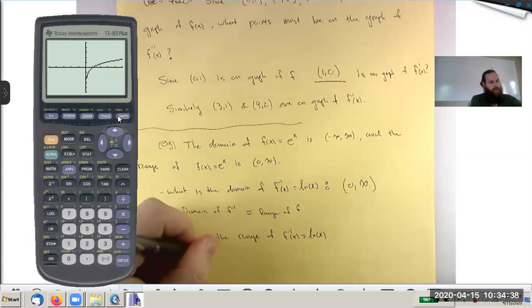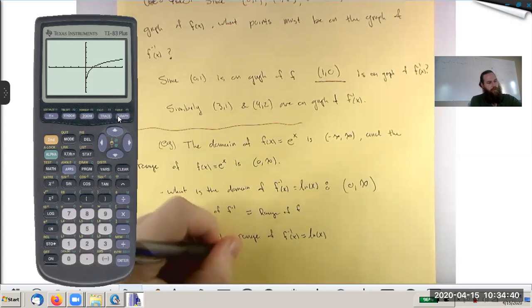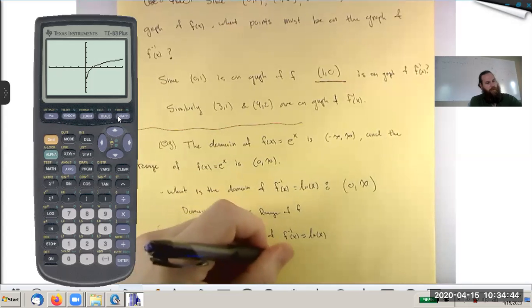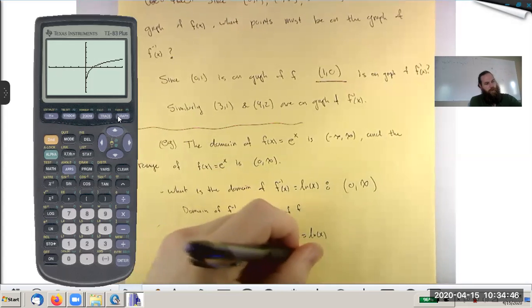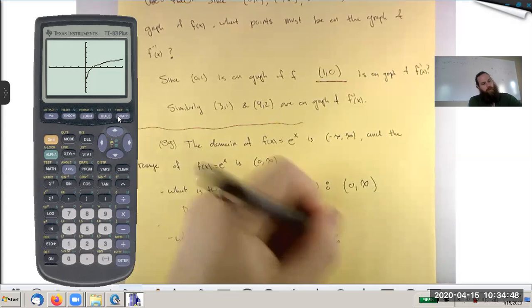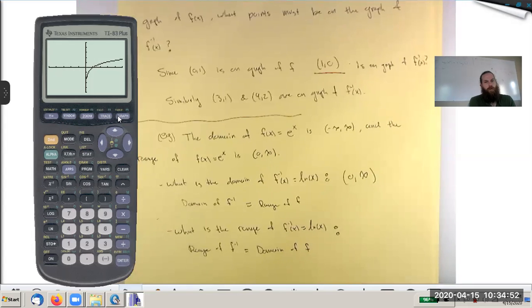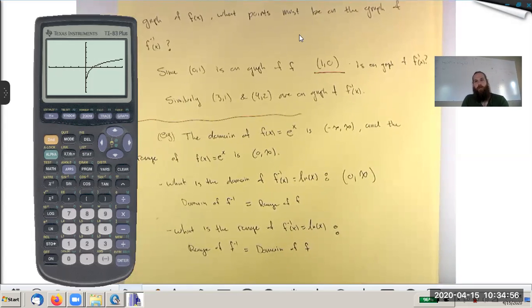The range of f inverse, remember, is equal to the domain of f. So what is the range of the natural log? It should be the same as the domain of e to the x, right? And that's, yeah, negative infinity to infinity.